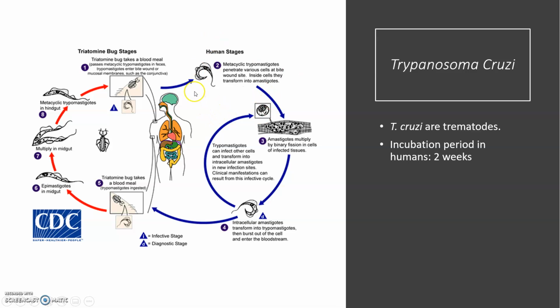Right here is a picture showing the life cycle of the Trypanosoma cruzi. Trypanosoma cruzi are trematodes, and right here is showing their trypomastigote form. They swim inside a blood cell, and then they become amastigotes, and they start multiplying by binary fission.